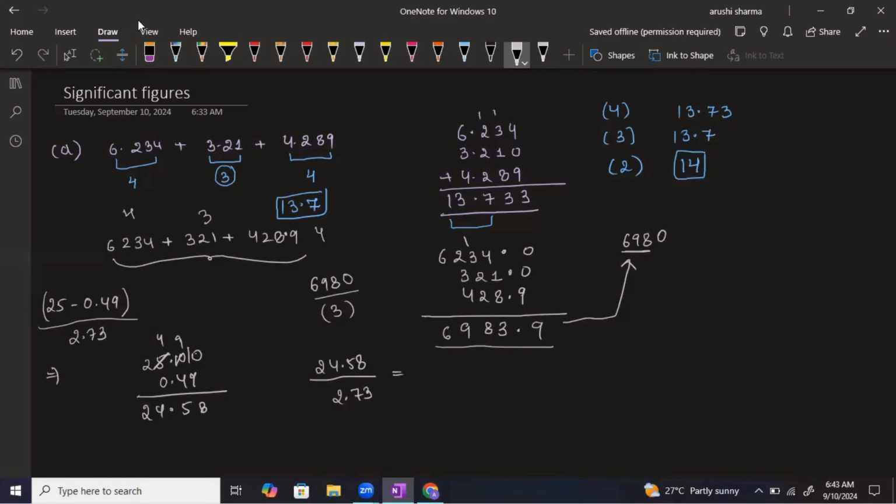So do you only round to significant figures at your final answer? Yeah, you can do it at the starting also, or in every step, or you can do it to the final answer also.